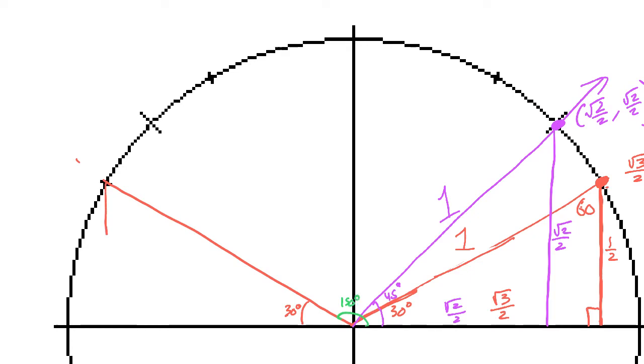But I would be able to draw the same triangle over here, where if this is 1, then this should have coordinates of a half tall and the square root of 3 over 2 wide. But in this one, I'm on the left, and so x's are negative over there, so it should be negative root 3 over 2, comma, a half.